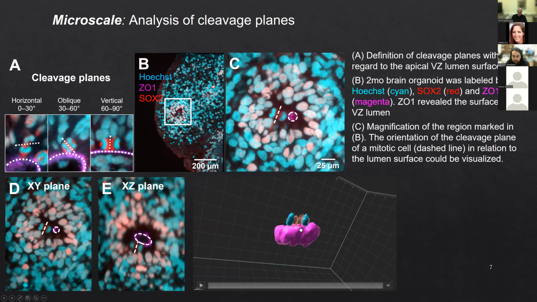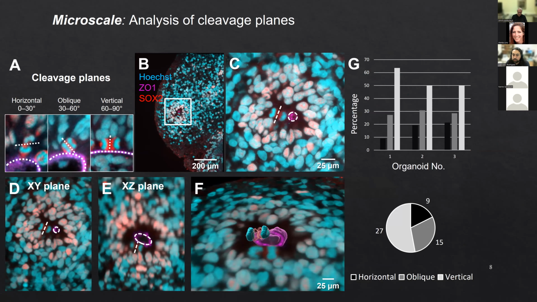With that, we analyzed about 51 different cleavage planes in 3 different samples, and we found that the distribution of the cleavage planes was normal, like for a wild type human brain organoid. So that also helped us to support these.